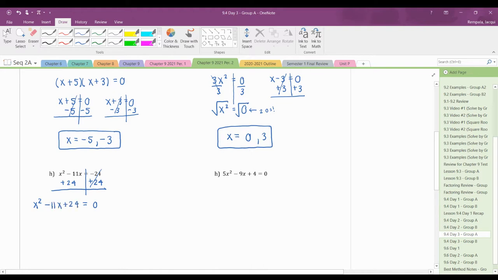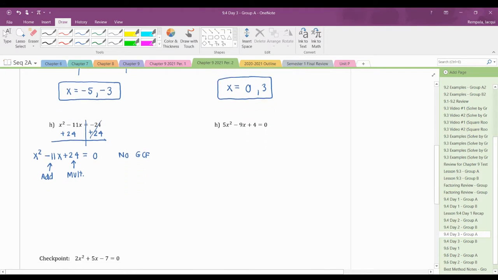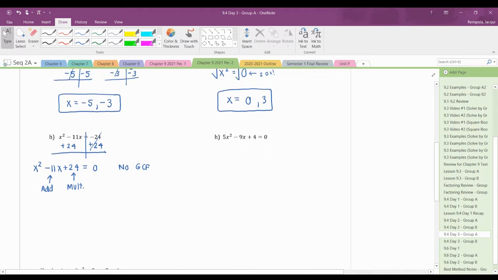Now we're back kind of to that first example in this video. Because I see that there's no number in front of the x squared and there's no variable with the 24, there is no GCF. So to factor means that I'm asking myself what is going to multiply to the last number but add to the number in the middle. Now, once again, this is where we have to be careful, because I need to multiply to a positive 24, but I need to then add to a negative.